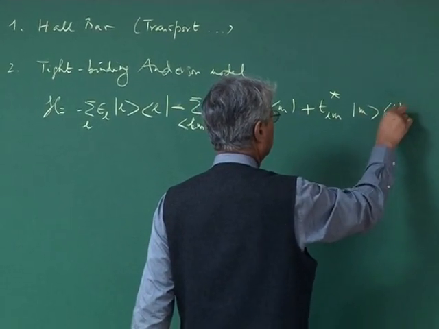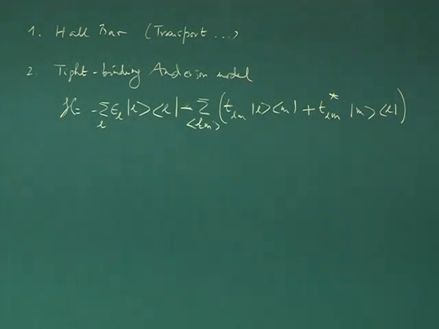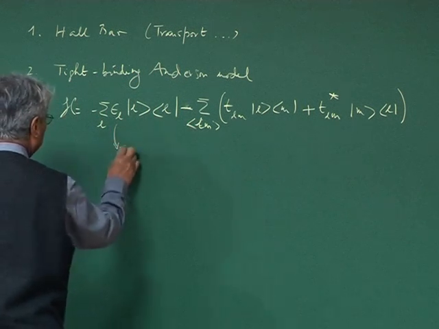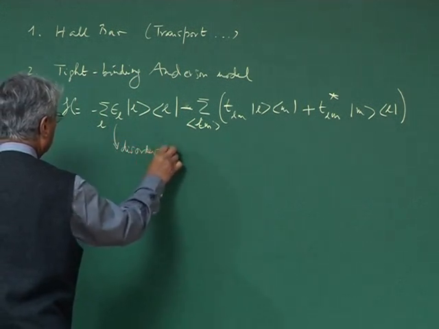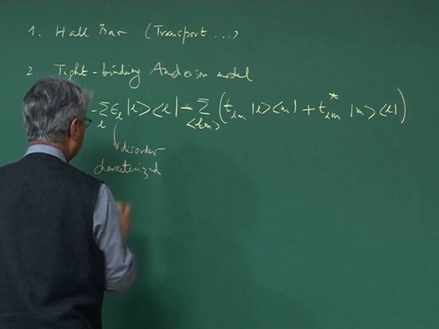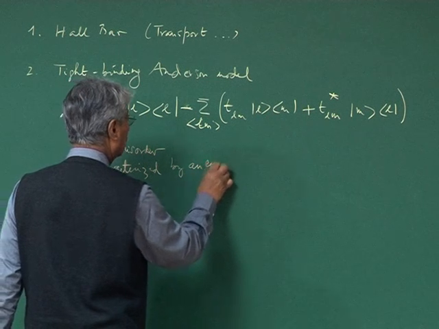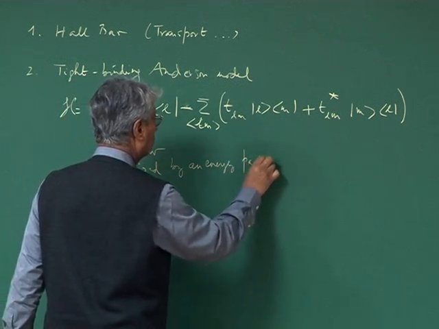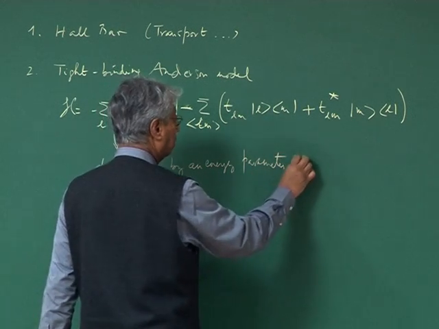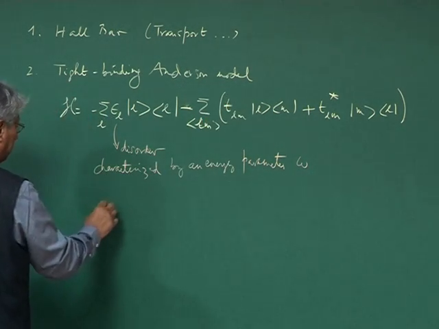Okay. And we raised the issue, what would happen if epsilon L has disorder, characterized by an energy parameter which is the width of the distribution of the disorder. Call it W, and so if T is a constant, then you have another parameter, define it as T over W.